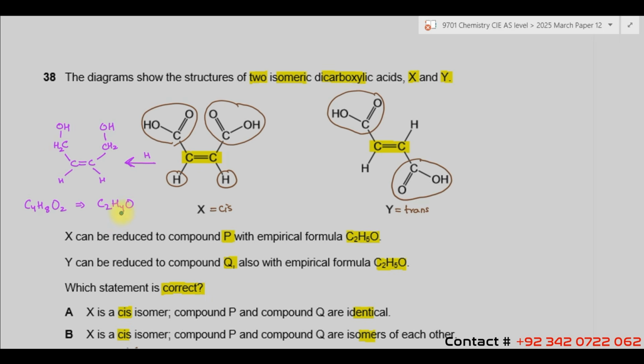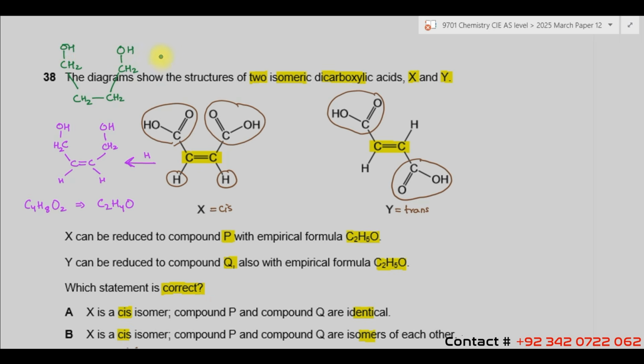C2H4O. This C2H4O is different from the one which is given, C2H5O, which means that further hydrogen atoms should also be added. So we can convert this double bond into single bond. It will become CH2, single bond CH2, and we have CH2OH, CH2OH.